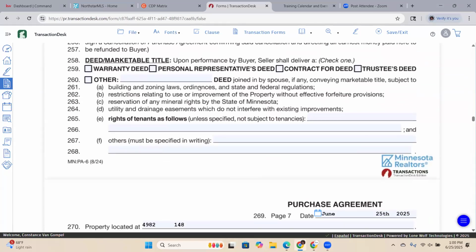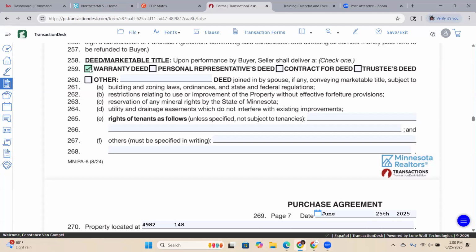And your deed. Everybody wants a marketable deed, and we always really want to have a warranty deed. There are times when you're in a trust that you might get a personal representative deed, or a trustee's deed, but then title or an attorney converts that over to a warranty deed, and yes, that may cost extra funds.